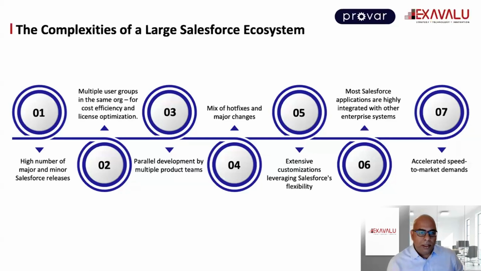So you've got to make sure that hot fixes don't break the major changes, and vice versa, the major changes don't overturn the fixes that you put in. This is a common situation to any large enterprise platform.